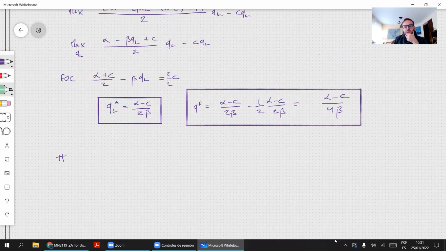So it's always important to compare profits here. You're always going to get this comparison of profits. And so for the follower, what are the profits? First I need to compute the price.